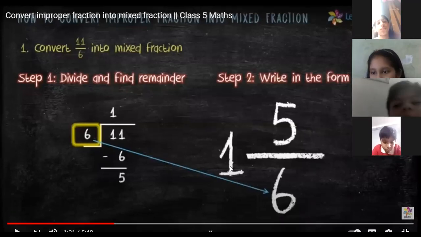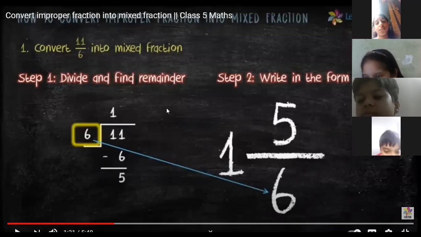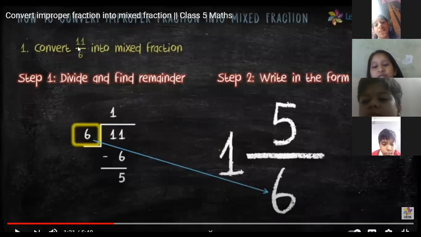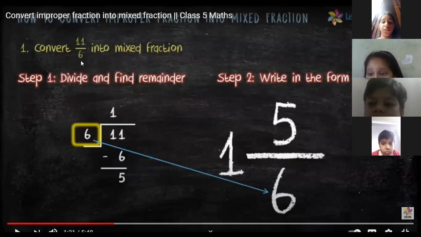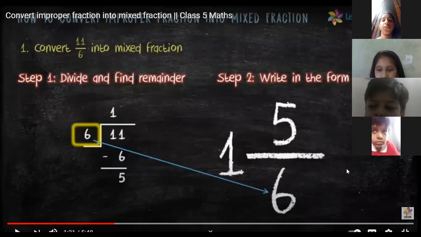Okay, students. So here you must observe this thing: the denominator of the improper fraction is 6, yes or no? Priyansh? Yes, ma'am. So beta, can you tell me the denominator of the mixed fraction?